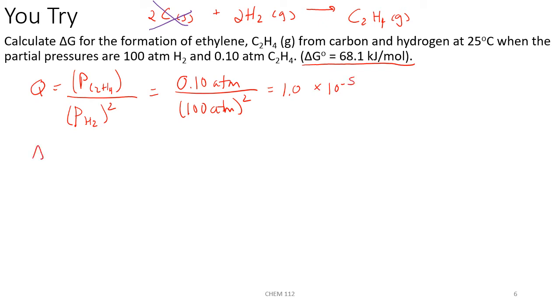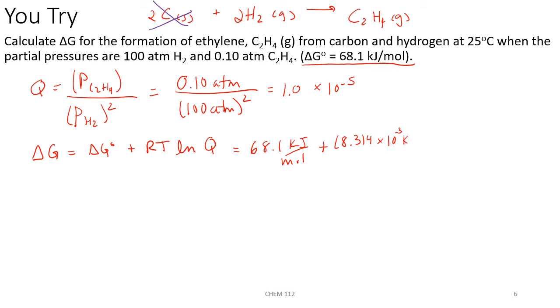Next, we're going to want to use the equation for calculating Gibbs free energy at non-standard states. Delta G will equal delta G naught plus R times T times ln of Q. We've got our delta G naught, 68.1 kilojoules per mole, plus R, which is our gas constant, 8.314, and we'll put it in kilojoules times 10 to the negative third, kilojoules per mole times Kelvin, times our temperature.